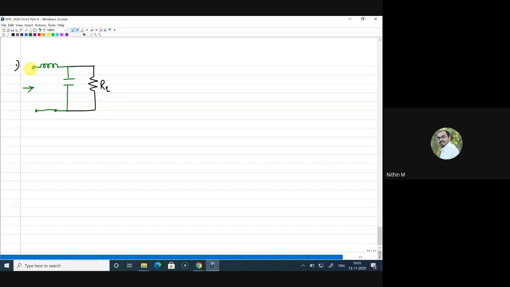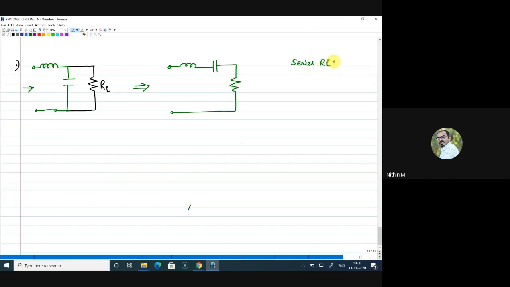So you can see what I'll do here is, when I convert this RC, L is already there. When the parallel RC is converted into a series RC, this is how the equivalent resistance will look. Now this is same as a series RLC network, right?